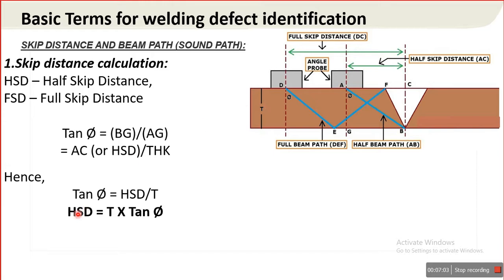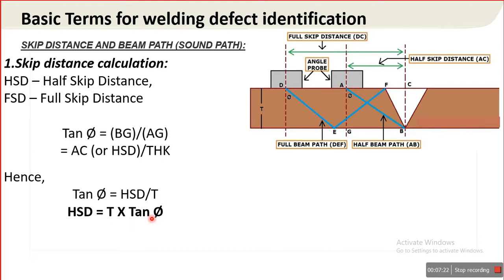So tan phi is equal to half skip distance divided by thickness of component. We need half skip distance, so half skip distance is equal to thickness T multiplied by tan phi.